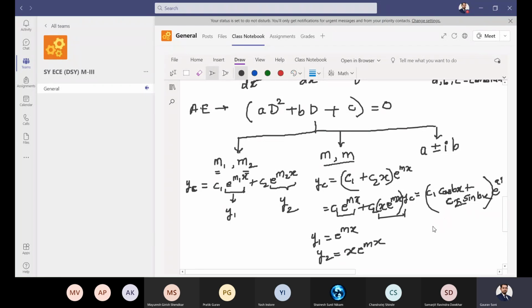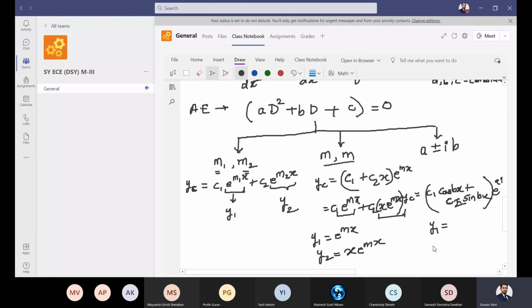The third one, if you open the bracket, what will be y1 in this case? Just cos bx? Open the bracket and then tell me. With the first constant, whatever is there, that is your y1.